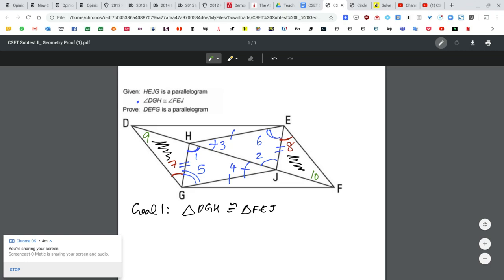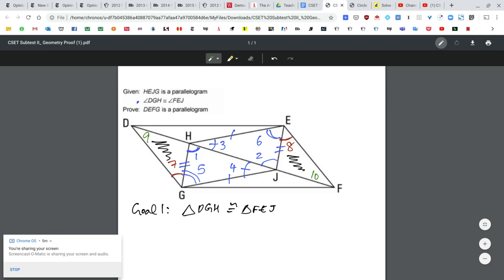Then I will show the two sides DG and EF are parallel, because 9 and 10 are alternate interior angles. And there's a theorem that says if in a quadrilateral one pair of opposite sides are both parallel and congruent, then the quadrilateral is a parallelogram. So I'll be using that approach.